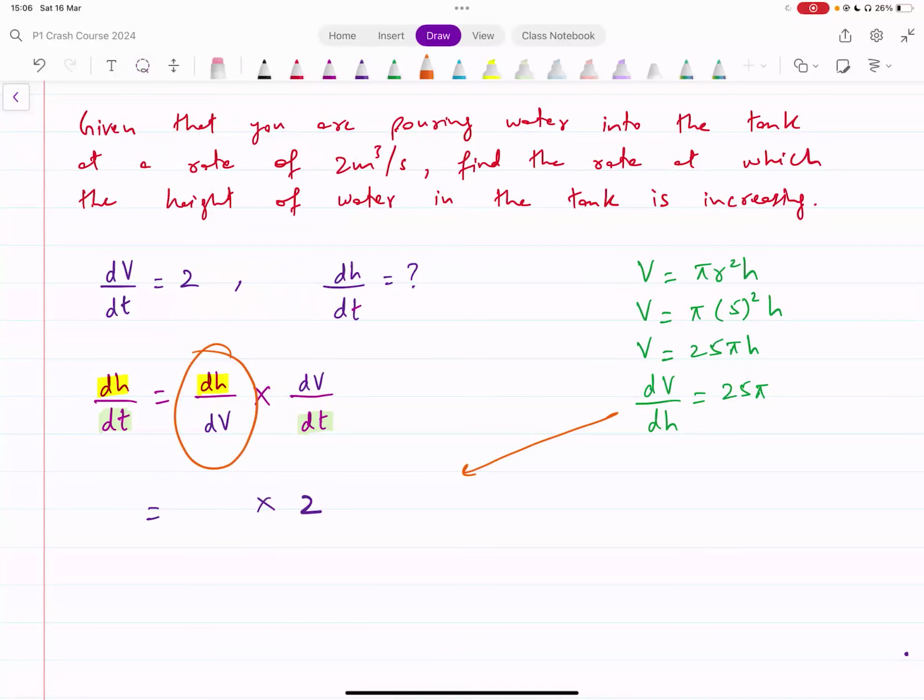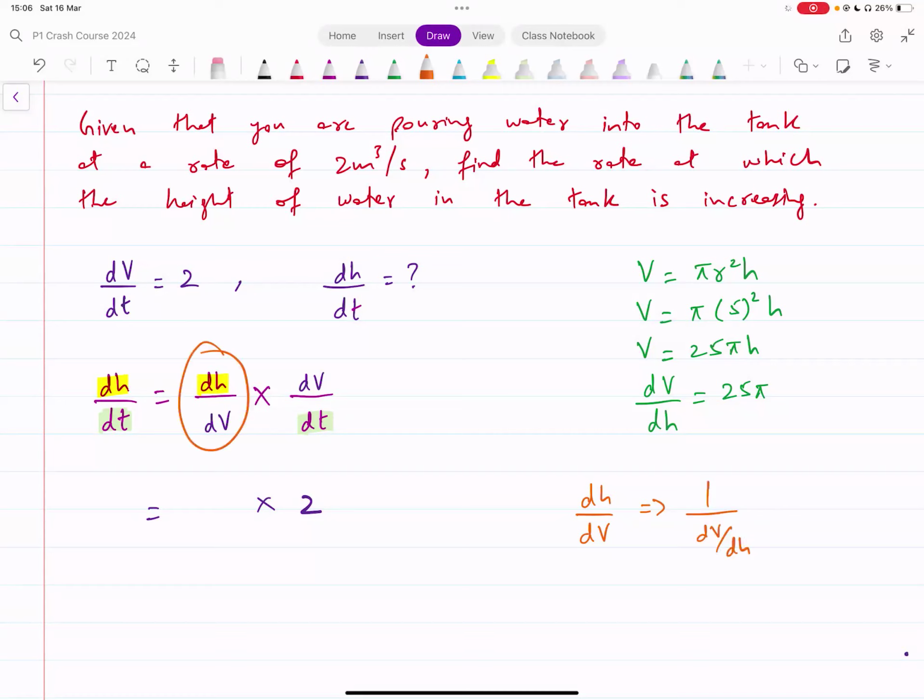We have dh over dv here. It's the same thing as 1 over dv over dh, right?